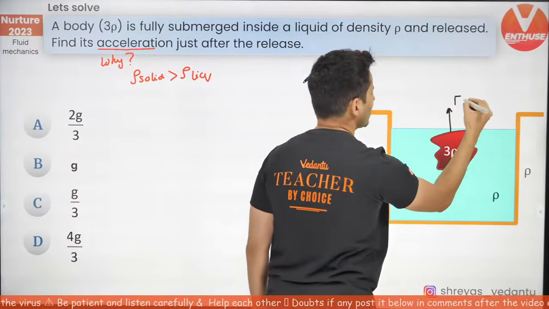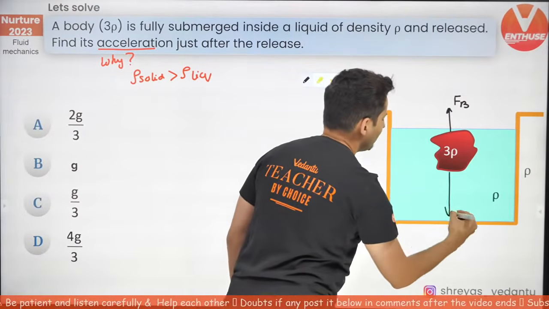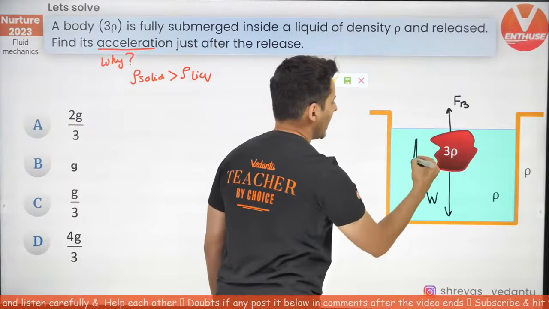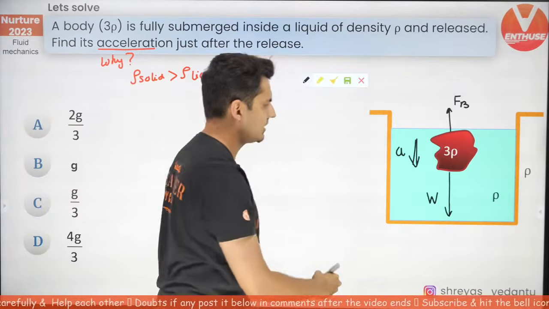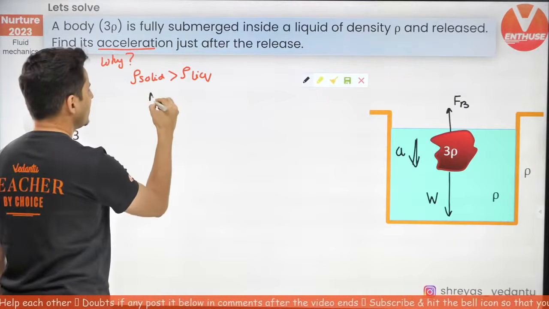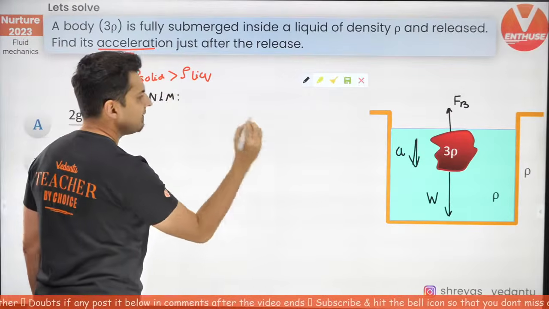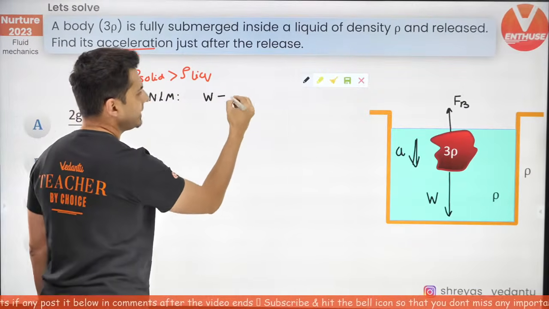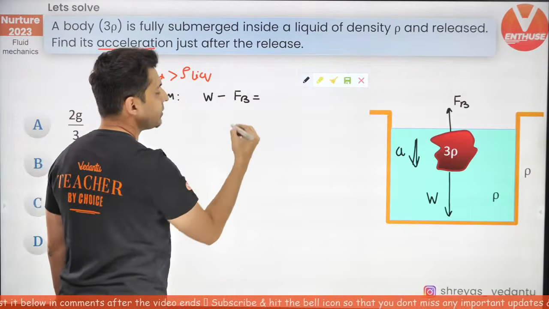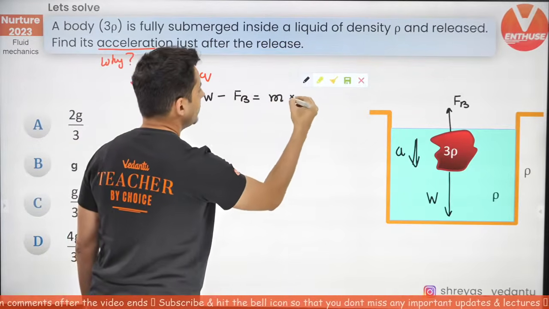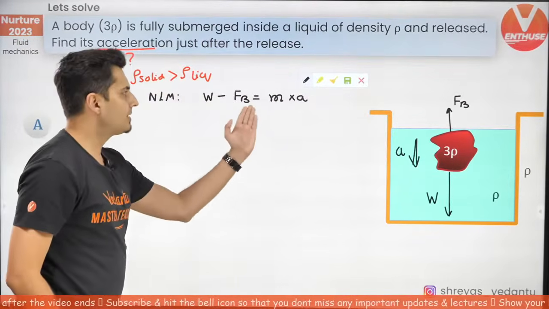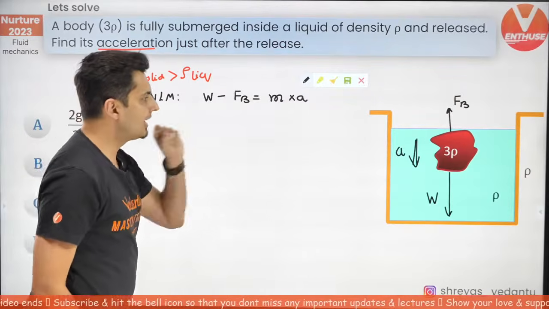One is the buoyant force. Second one, obviously, will be the weight, and the weight will be more, and there will be some acceleration downwards. So, by using Newton's laws of motion, one can say weight minus the buoyant force is equal to mass into acceleration. F is ma. What is the weight?